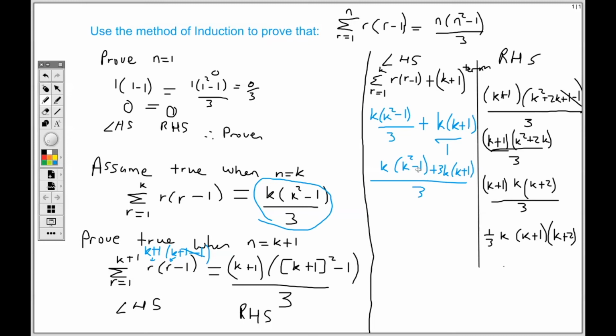Now this is a difference of two squares. k squared minus 1, that is a difference of two squares. So I can rewrite this as k plus 1 times k minus 1. And then the next part, I will just have as is, which is 3k times k plus 1.